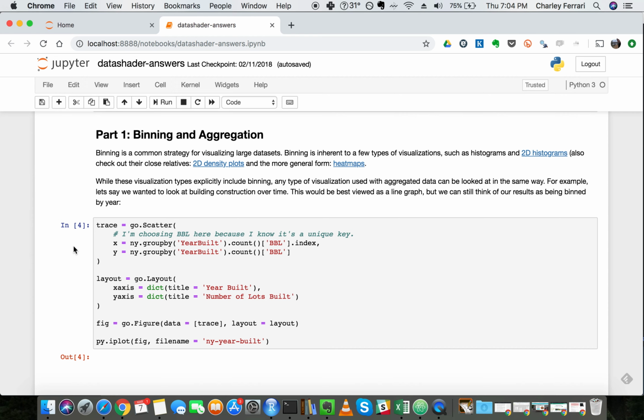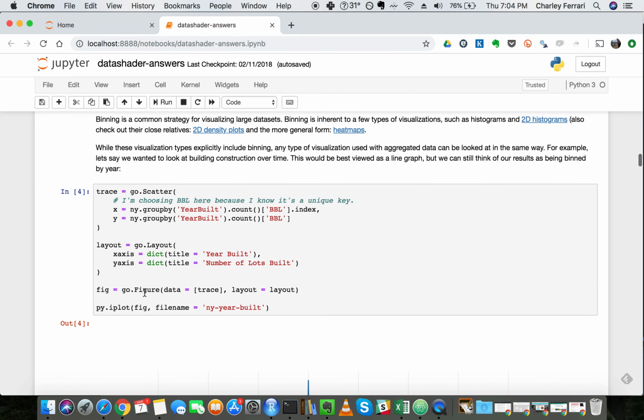But really any sort of visualization can be used with aggregated data, so you're not just limited to these inherently aggregational visualization types.